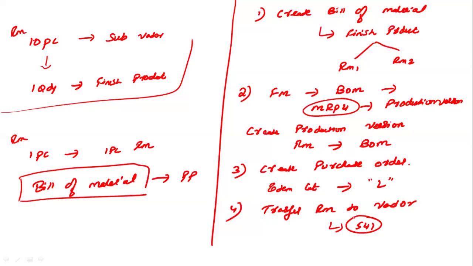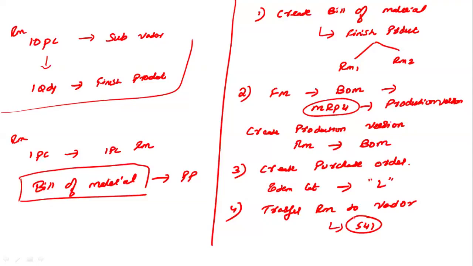So in special procurement, what are the important things? In special procurement, the important things are the movement types. What are the movement types? What are the accounting entries? Yesterday I forgot to mention for stock transfer order, the movement type is 641. 641 is the movement type for intra STO.